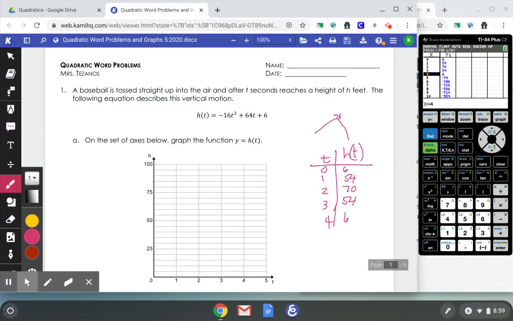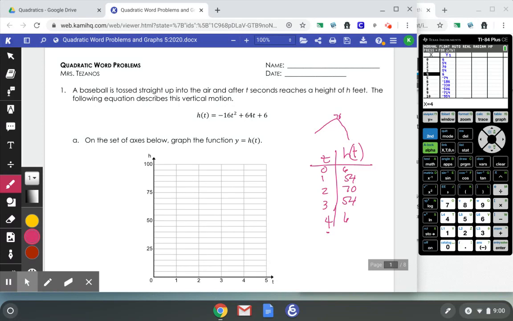We're not going to go into negative seconds. Then I'm not going to go past 4 seconds because once I get to 5, the output value is negative 74 feet. And same kind of thinking, you're not going to go into the negatives, okay?